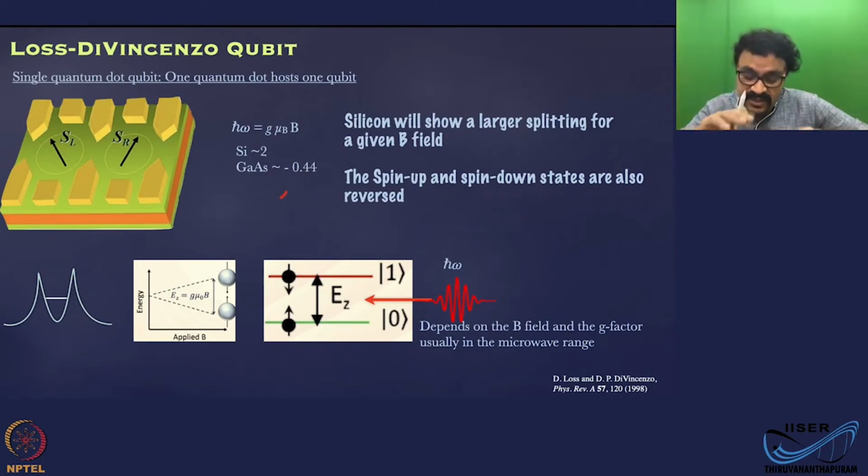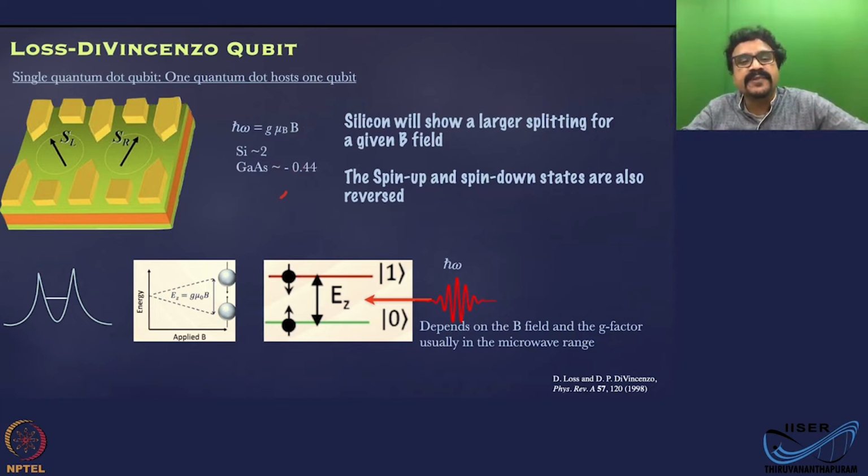So you can get appreciable energy splitting even at a much lower field for silicon, which works in favor of silicon. There are a lot of elements which work in favor of gallium arsenide also. But on average, the entire technology is moving towards silicon, not towards gallium arsenide, for various reasons. Also, the configuration of spin up and spin down will change because of the sign change of the g factor.